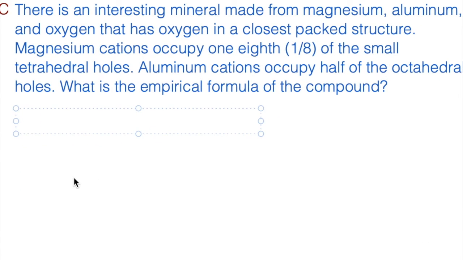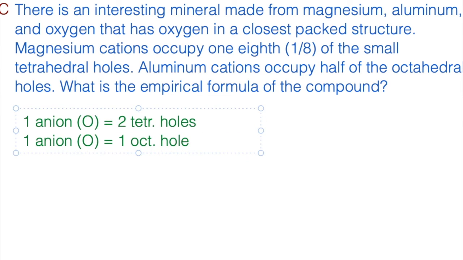Okay, so this is maybe the trickiest one that people were looking at. So we have oxygen in a closest packed structure. Oxygen is our anion, and it's a closest packed structure, so for every 1 oxygen anion, we have 2 tetrahedral holes, and also we know that we have 1 octahedral hole for every 1 anion. And we're told that magnesium cations occupy 1/8 of the tetrahedral holes.